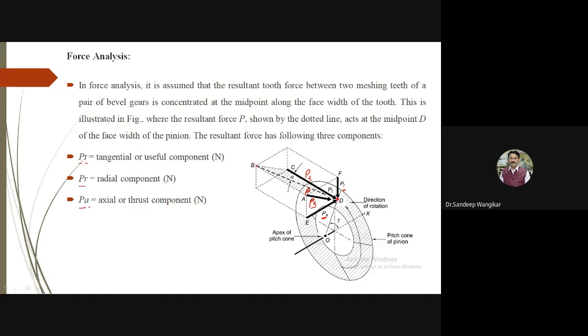The direct components of this dotted line BD, resultant force P, are PT and PS. And PS is further resolved into two components, PR and PA, as shown.